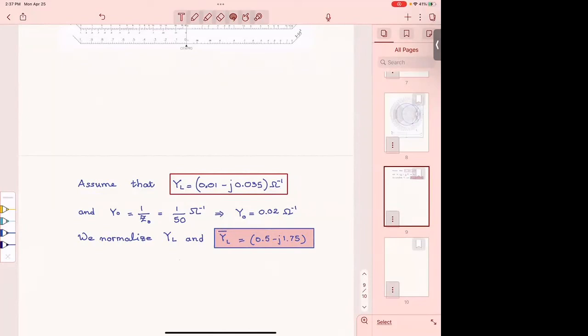Now we are going to use the Smith chart the same way, negative below, positive above. However, when you translate these numbers into physical elements, you have to remember that this is an admittance. Okay? So my question to you is the following.